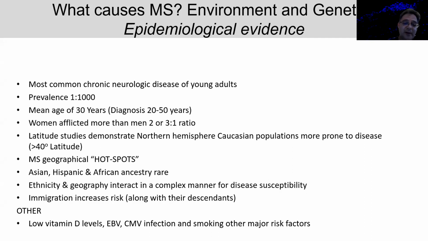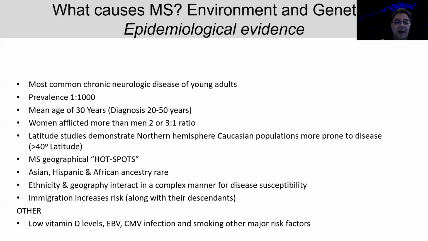And this is quite clearly demonstrated considering that certain populations such as Asian, Hispanic and African populations don't necessarily present with high ratios or high incidences of MS. So ethnicity and geography play a role, and they interact in a complex manner for disease susceptibility.